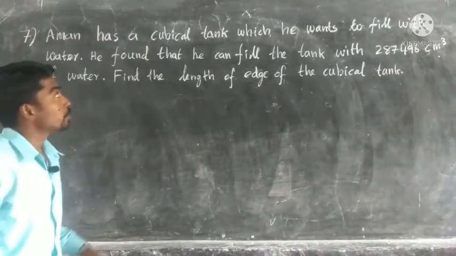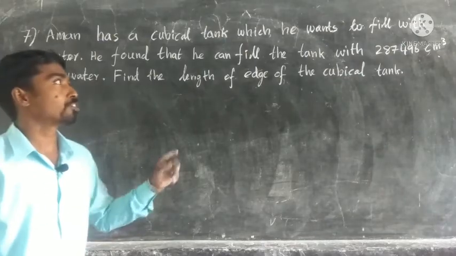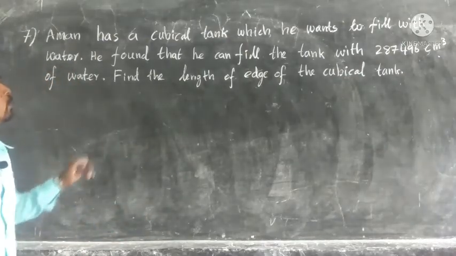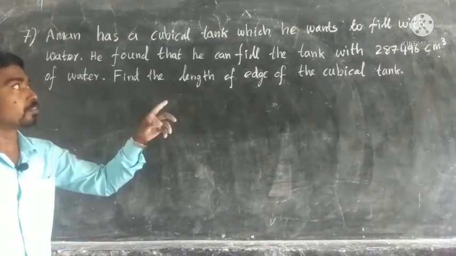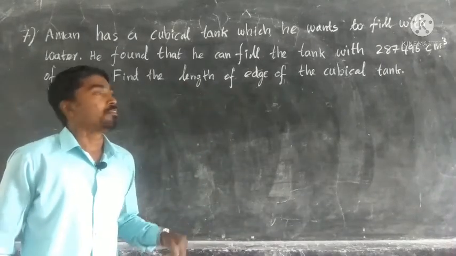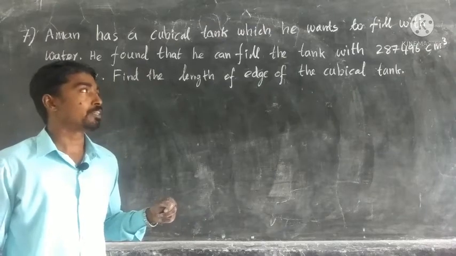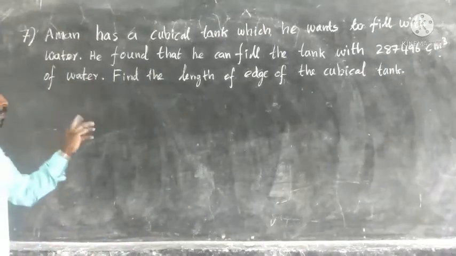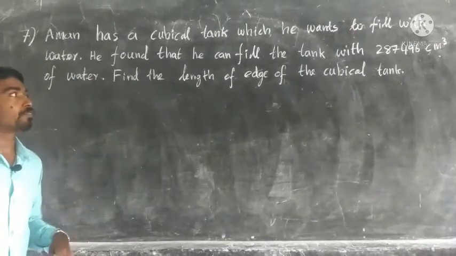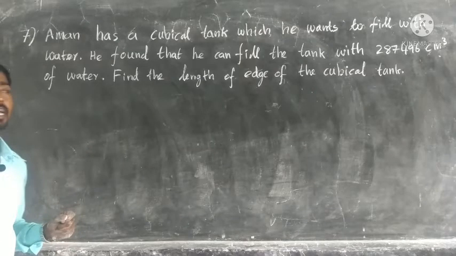Anand has a cubical tank which he wants to fill with water. He found that he can fill the tank with 2,87,496 cubic centimeter of water. Find the length of edge of the cubical tank.